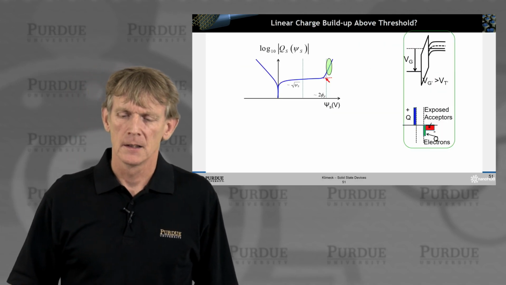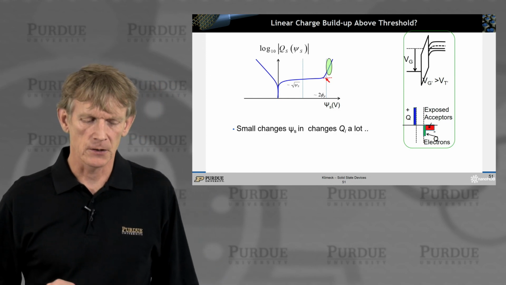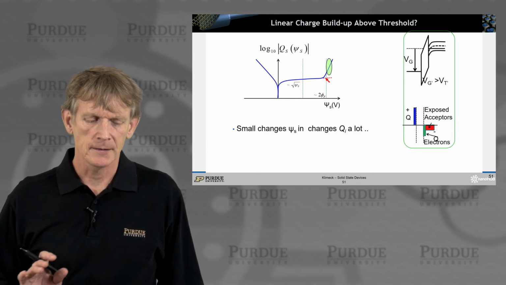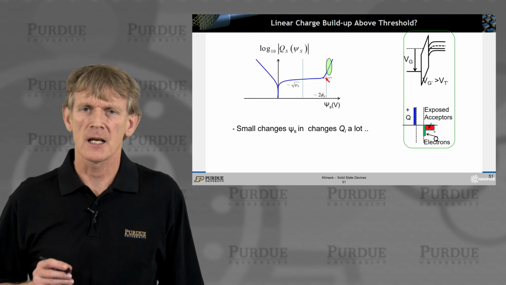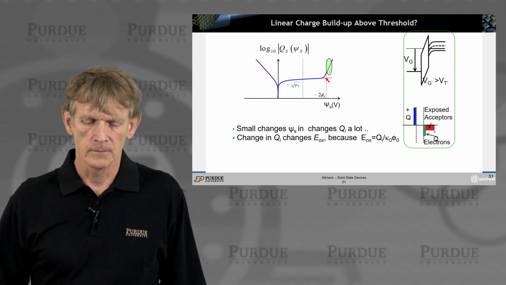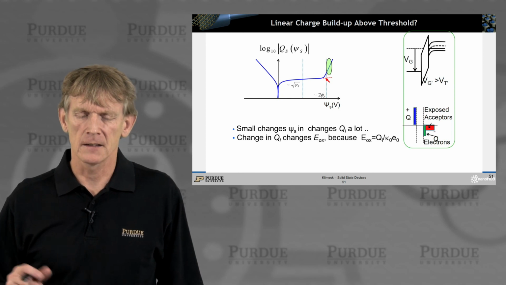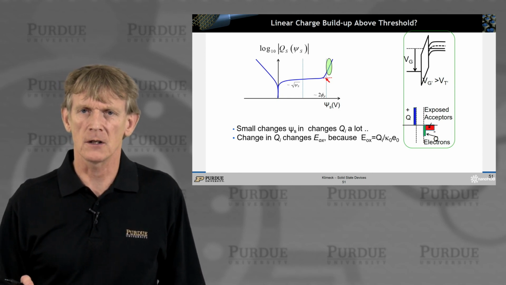All right, so how can we get this linear charge buildup above threshold? Again, small changes in psi S in inversion change the charge a lot, and that translates then into electric field changes that are dropping across the oxide.